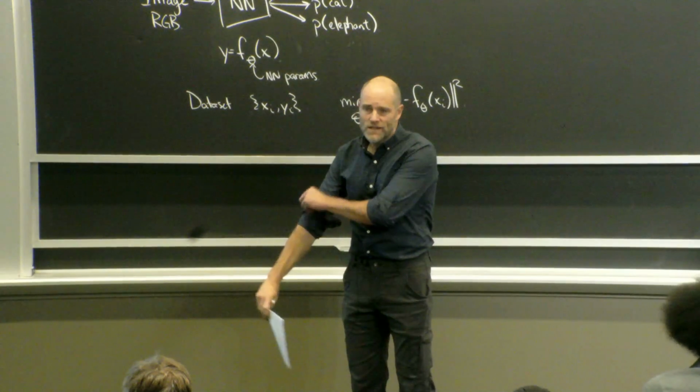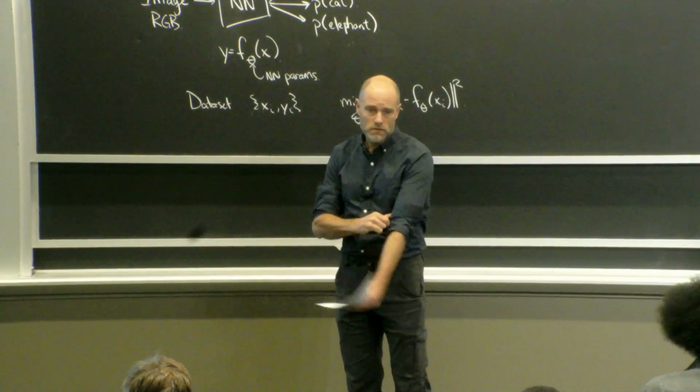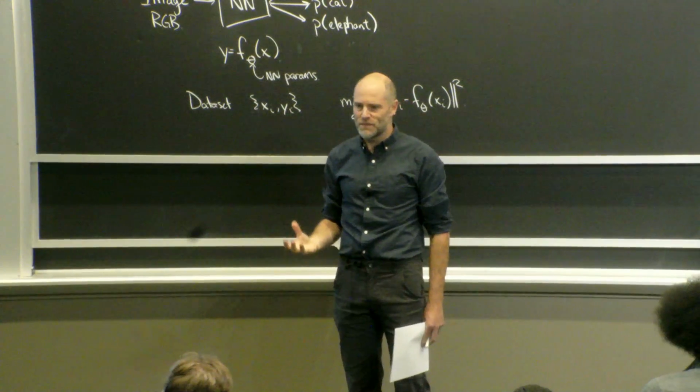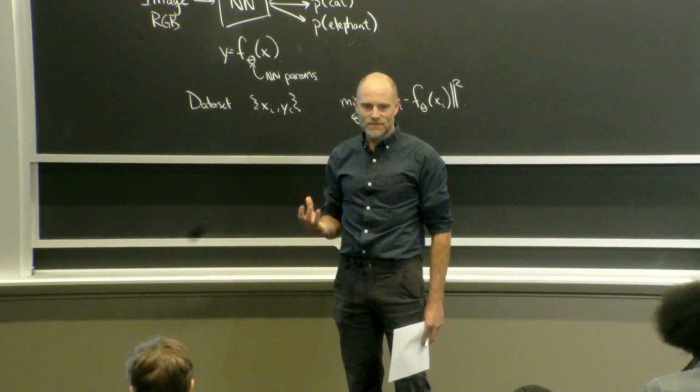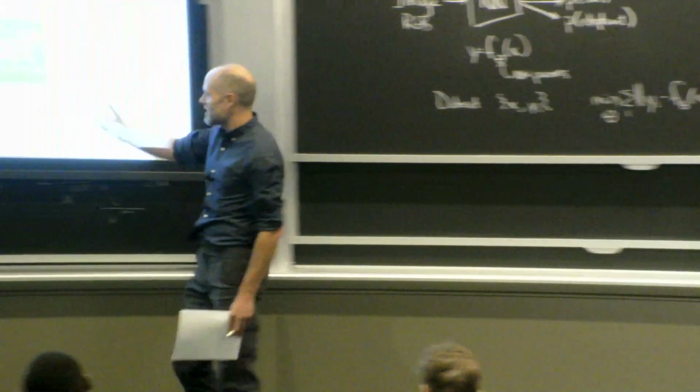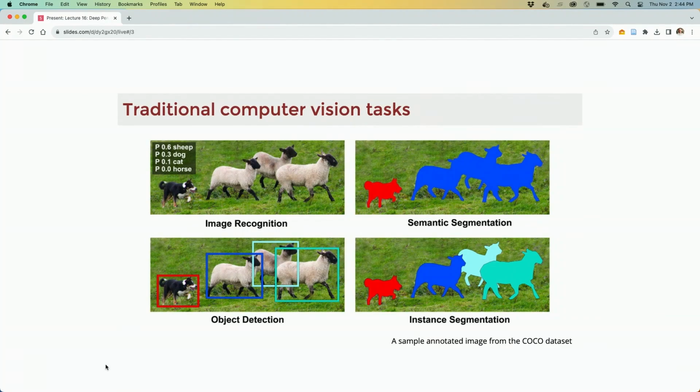Image recognition by itself was fueled by ImageNet, but it's actually not quite enough to be super useful for robotics. But when you get all the way to instance segmentation, then that is already enough. We're going to be able to do computer vision tasks that are beyond this, that are more specific to manipulation. But if you only took an off-the-shelf computer vision system trained to do instance segmentation, then you're already in pretty good shape.